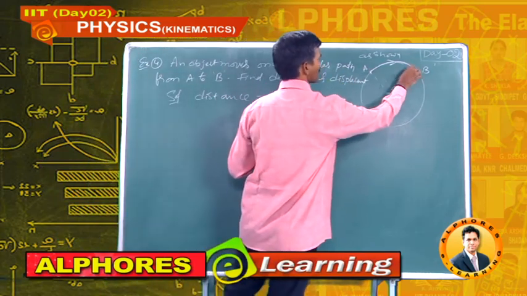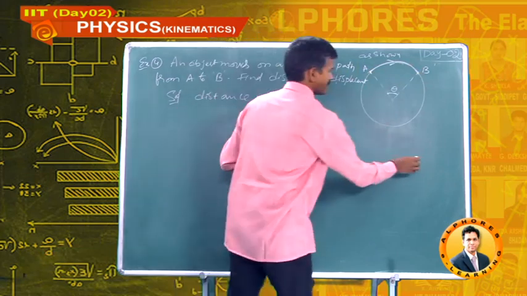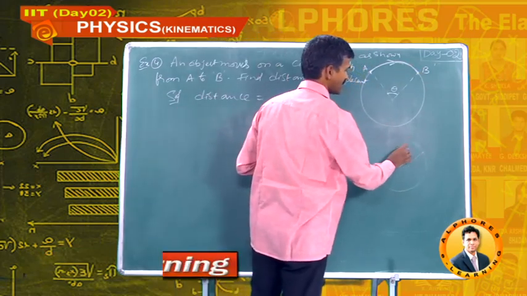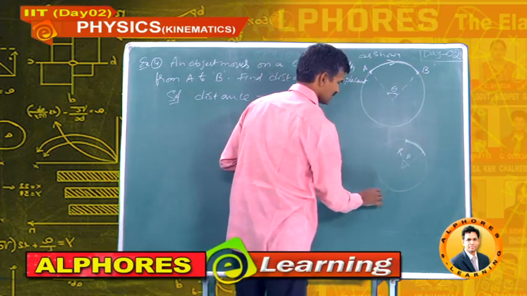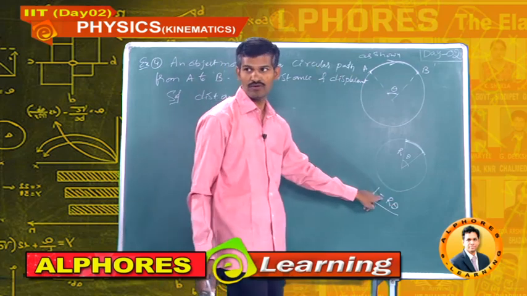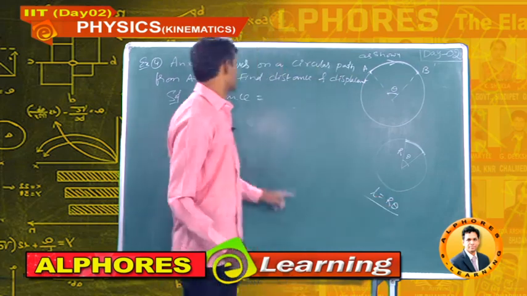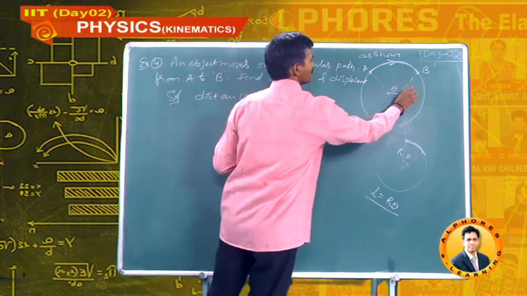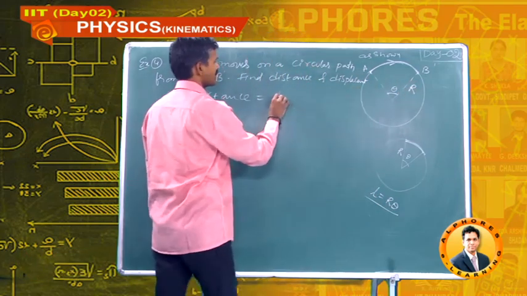length of this sector. We know that for a circle, if the angle is theta and its radius is r, the length of the arc L is equal to r theta, length of the arc is equal to radius into angle. So distance travelled by the body is r into theta.